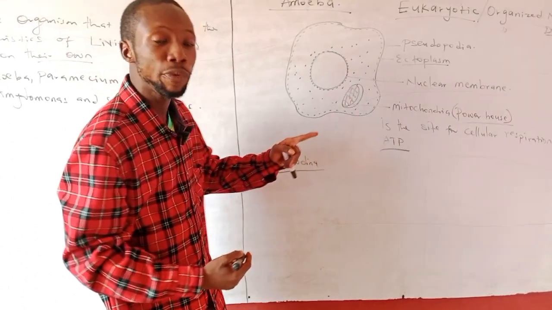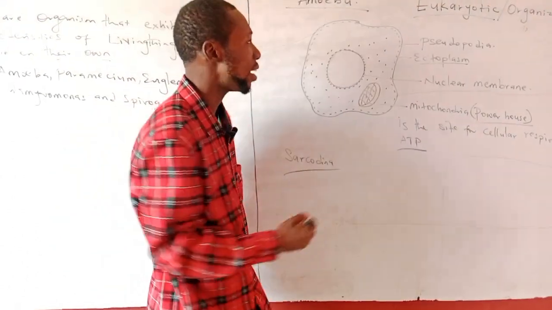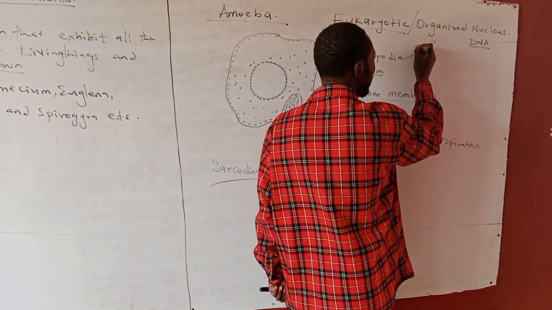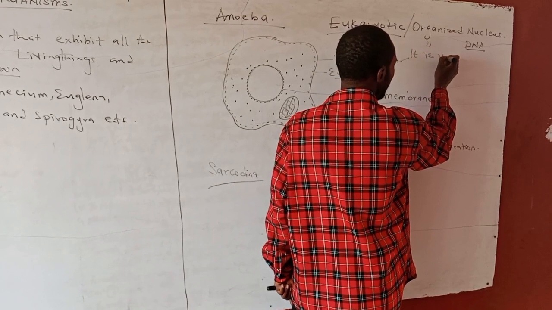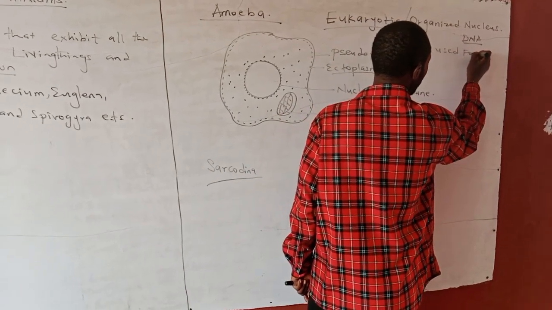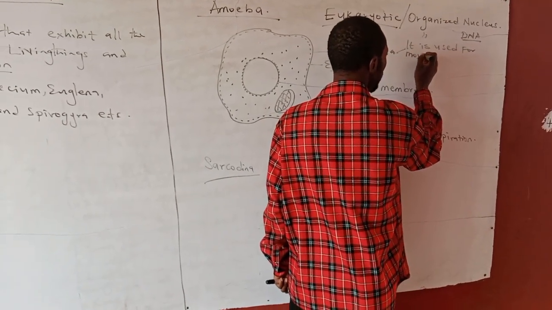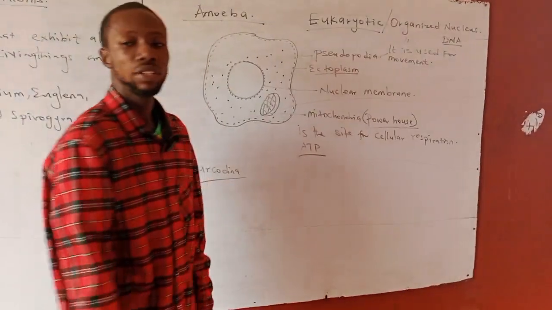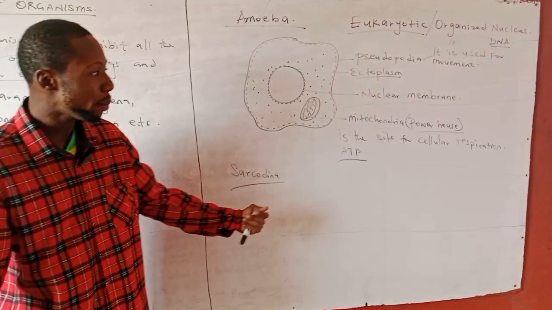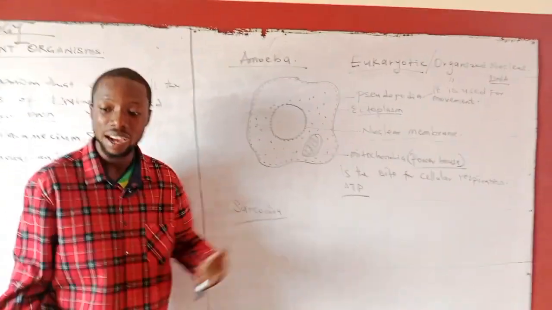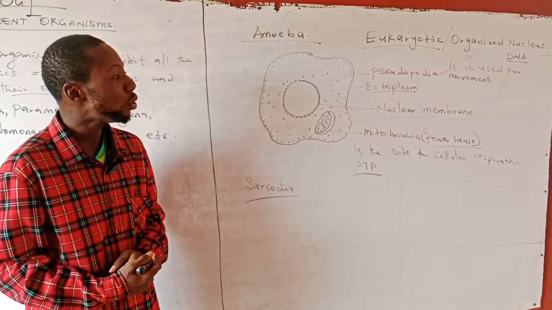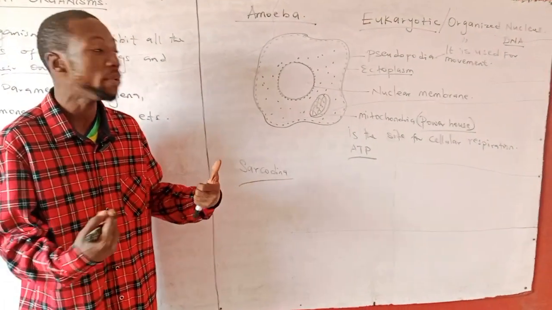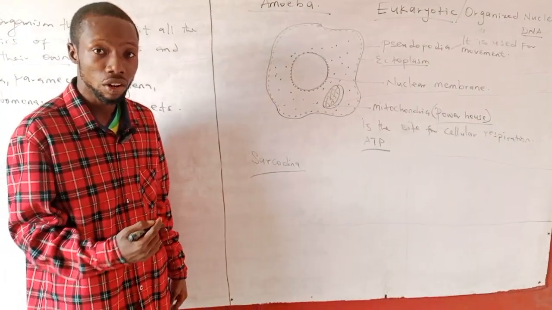Now, what are the functions of the pseudopodia? The major function is movement. Sarcodina, like Amoeba, use pseudopodia for movement, and it is also used for feeding, because Amoeba feeds by means called engulfing, using the cell membrane.